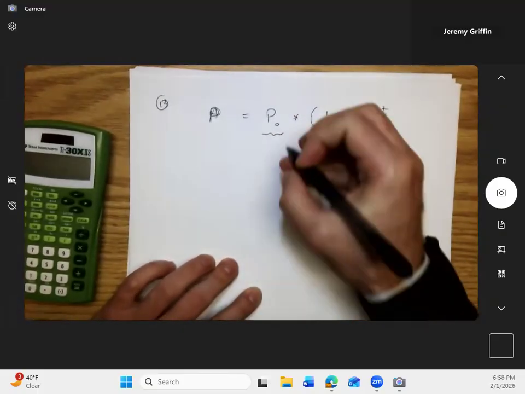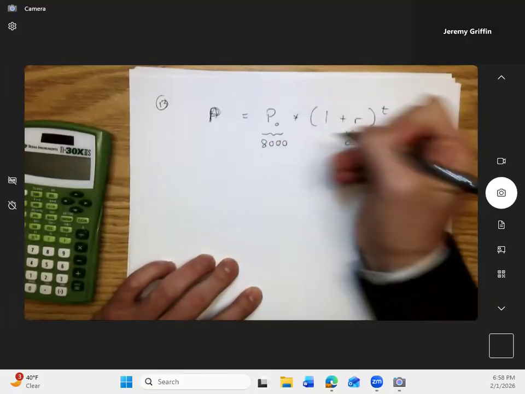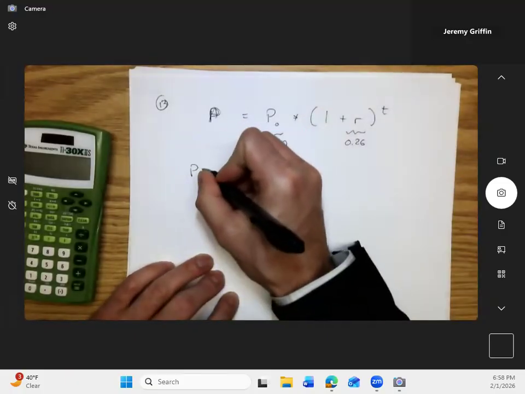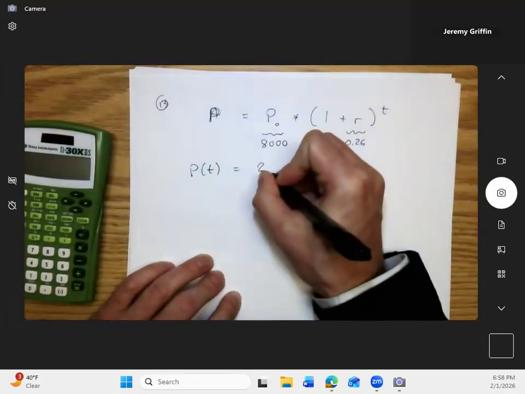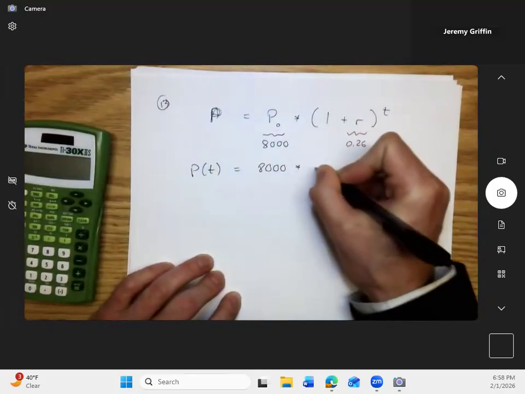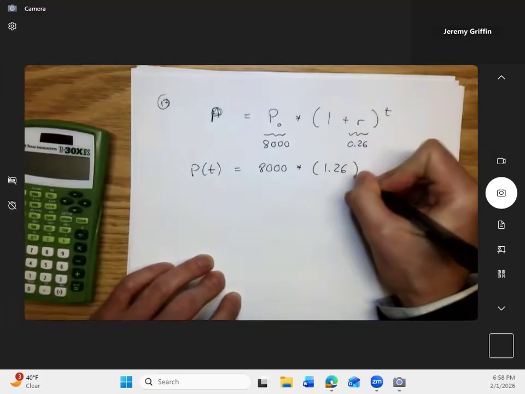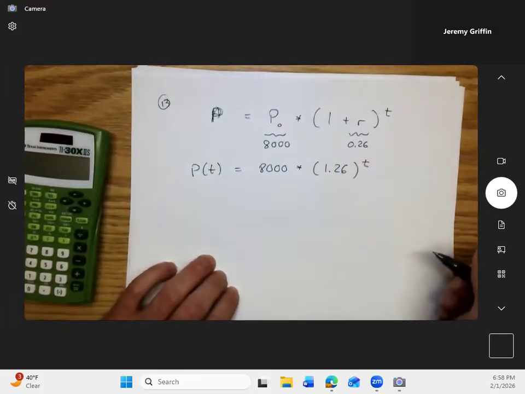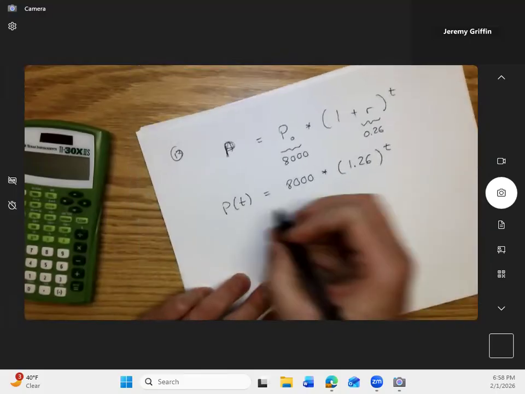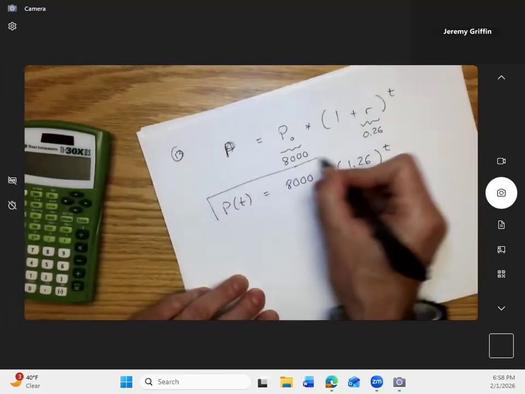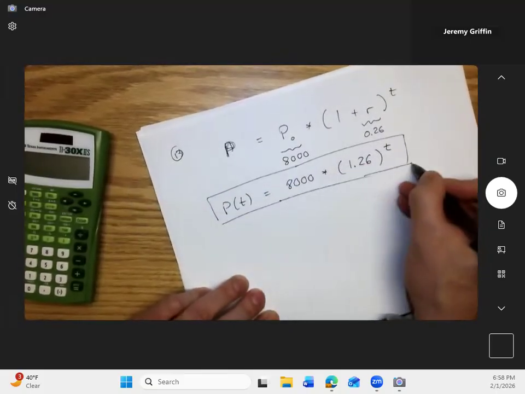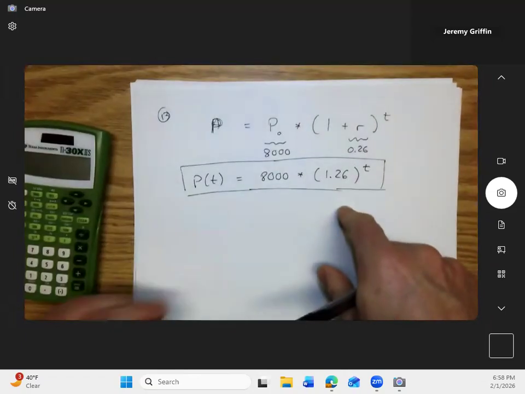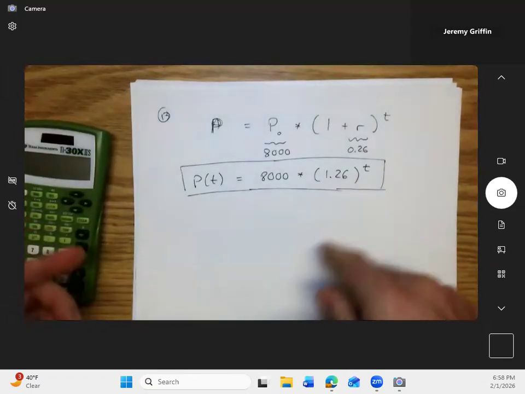The initial population is 8,000. So population as a function of time is equal to 8,000 rabbits times 1.26 to the power of however many years that passed. Okay, so that was the first part. That was pretty good. Again, like the last puzzle, if you wanted to, I could solve it two different ways.